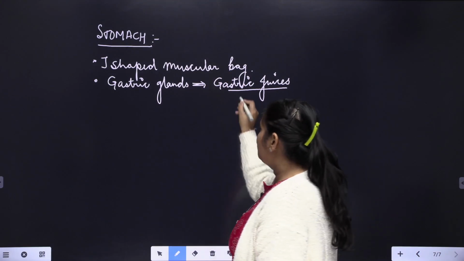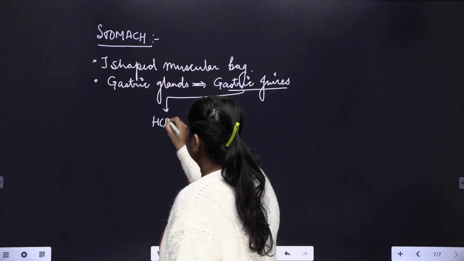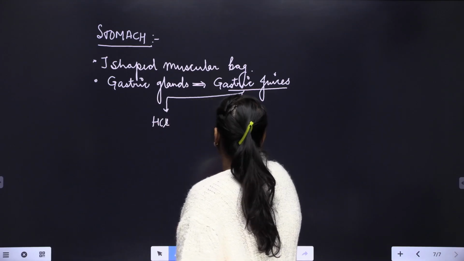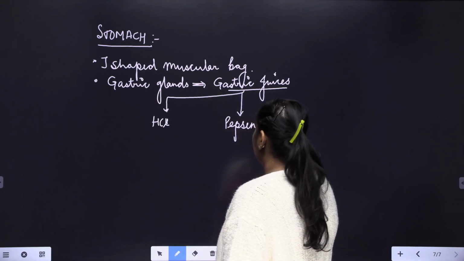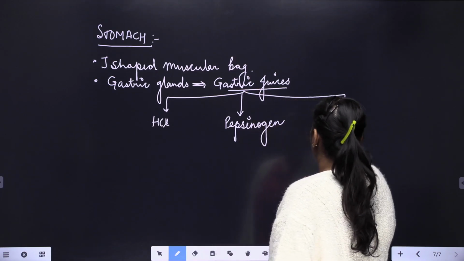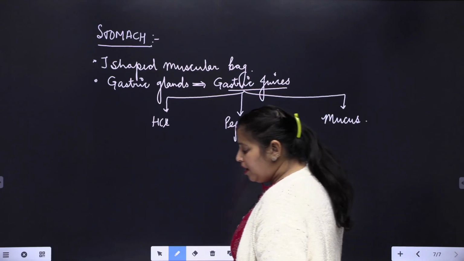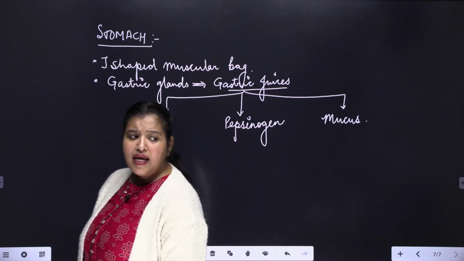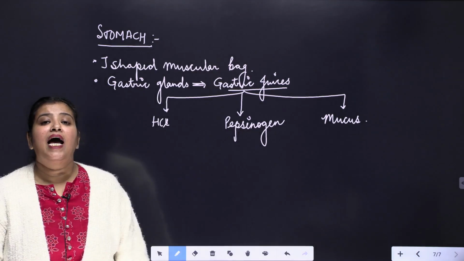Now, these gastric juices have three main components. One is the HCl, second is the pepsinogen, third one is the mucus. Now, children, in the buccal cavity, the pH was 6.8, which was slightly acidic.